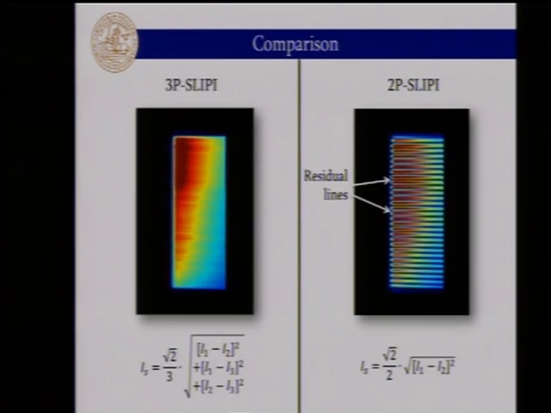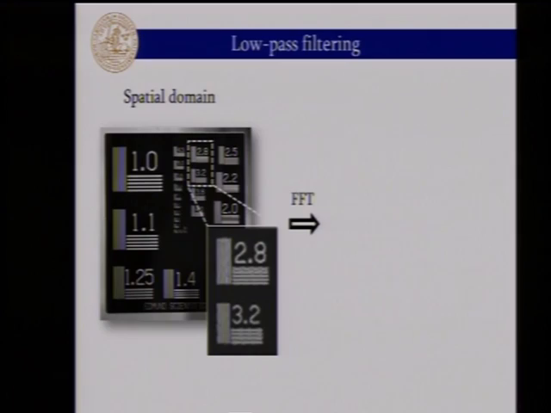As I said before, it's not possible mathematically. But still, from an optical point of view, it's very advantageous. So let's think twice about it. What if we try to make this residual line as small as possible, and then try to remove it? To remove lines on an image, you need to do some low-pass filtering.